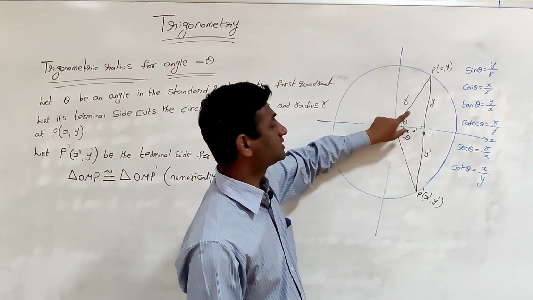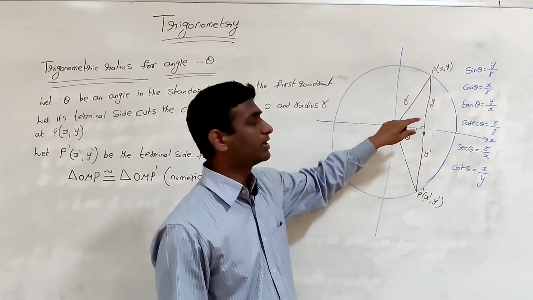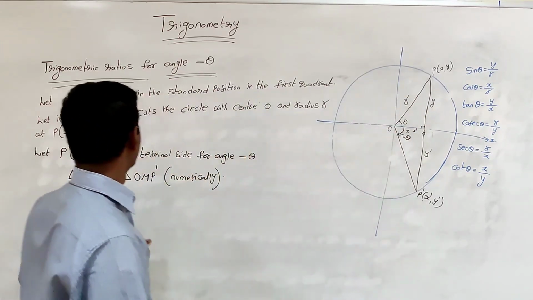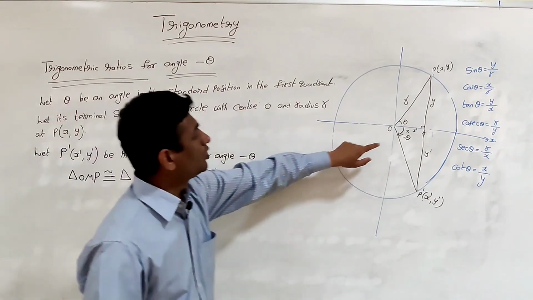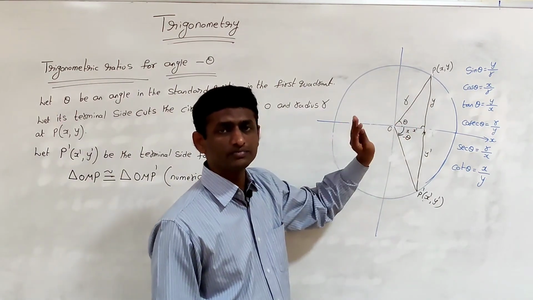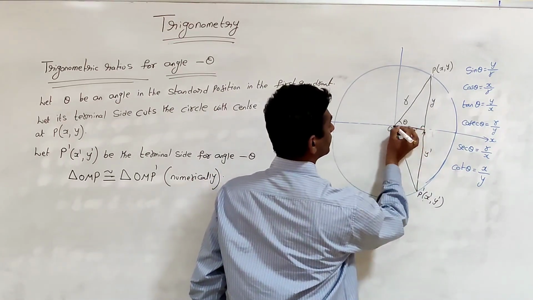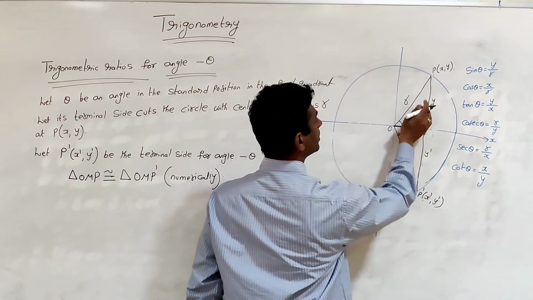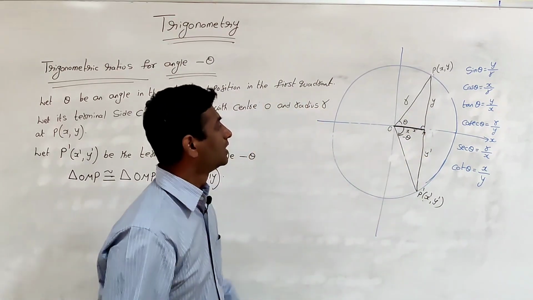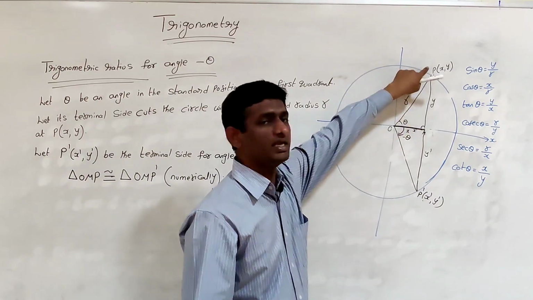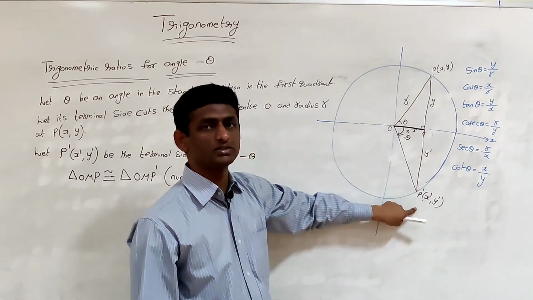Normally both angles are the same but on opposite sides. One is in the clockwise direction and the other is in the anti-clockwise direction. So these two right angle triangles will be similar, and if you assume that the length of one side is the same for both right angle triangles, the length of OM is the same for OMP as well as OMP dash.